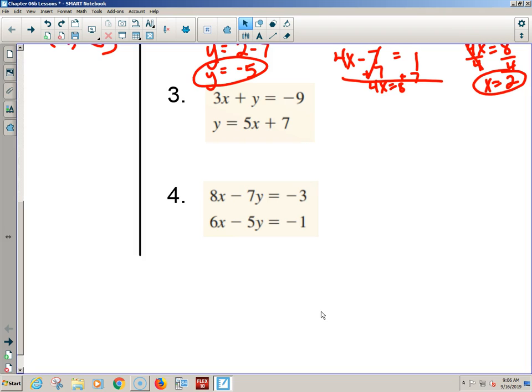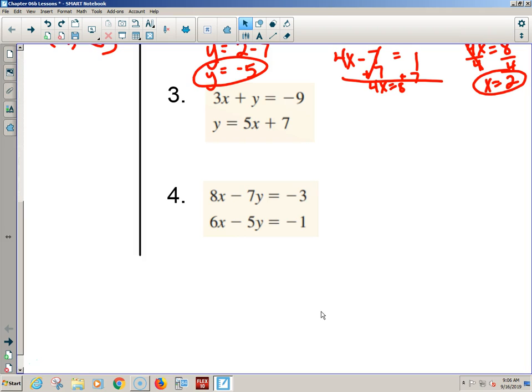Did you solve the first part first? Yeah. Graph it?